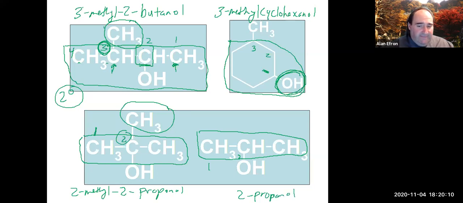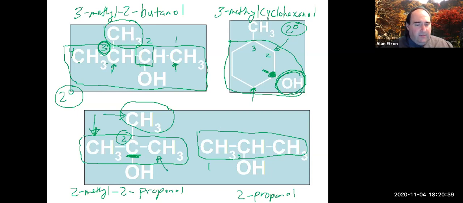In terms of classification, I think I missed that part here. So looking at the guy on top right, this is our carbon that's attached to the OH group. It is attached to 1 carbon there and also another carbon there. And that would make this one also a secondary alcohol. Over here, this is the carbon that is attached to the OH group, and that is attached directly to 1, 2, and 3 carbons.